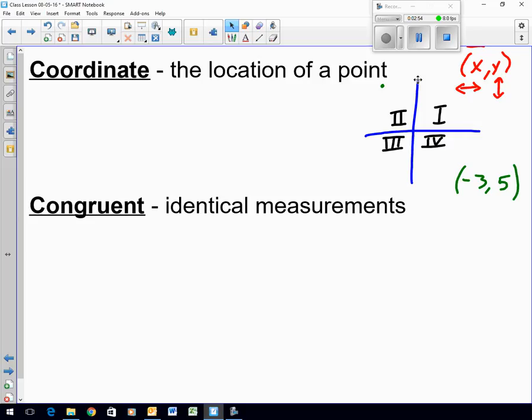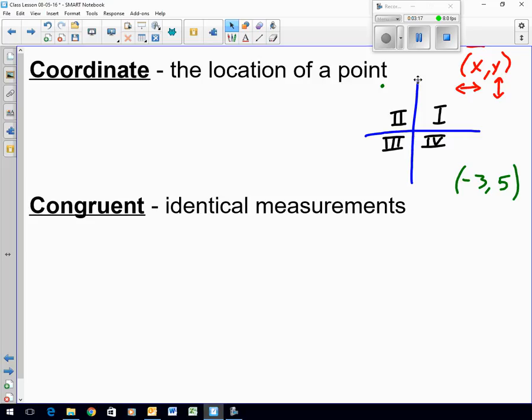And it's a very simple definition. Identical measurements. Okay? Identical measurements, that's the basics of congruence. Identical means the same or equal. Okay? If I say things are congruent, they are the same or equal or identical.